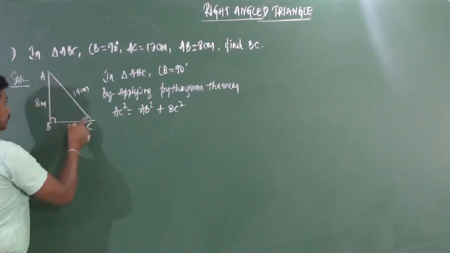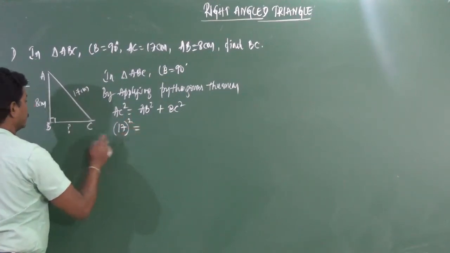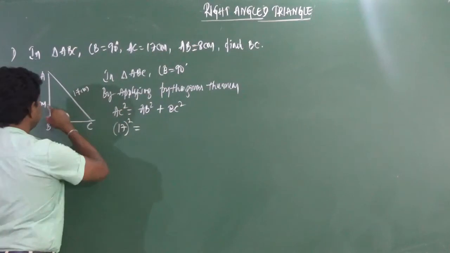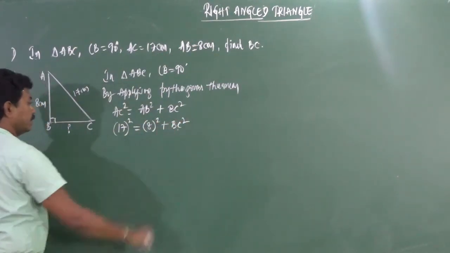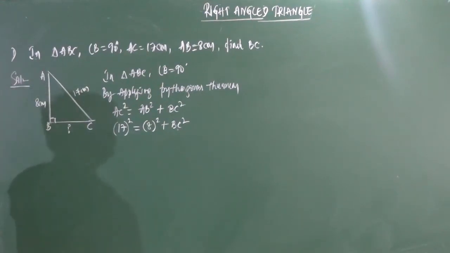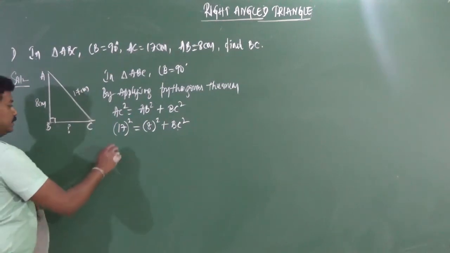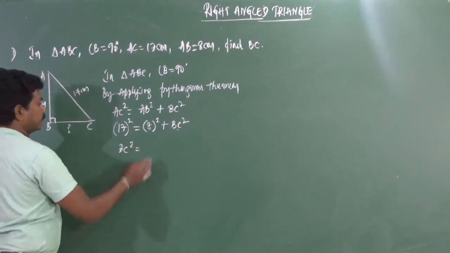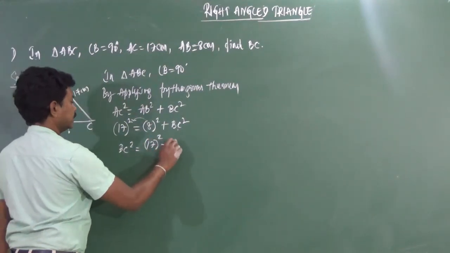AC is 17, so 17 square is equal to 8 whole square plus BC square. Now we have to find BC, so make BC square the subject.